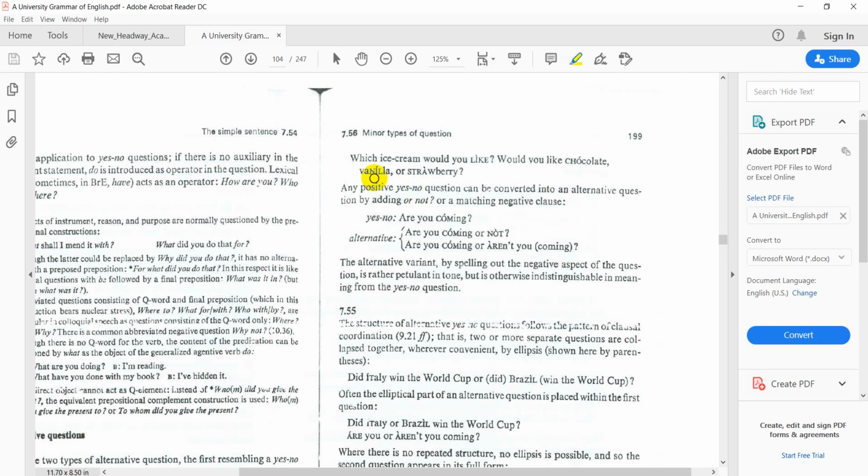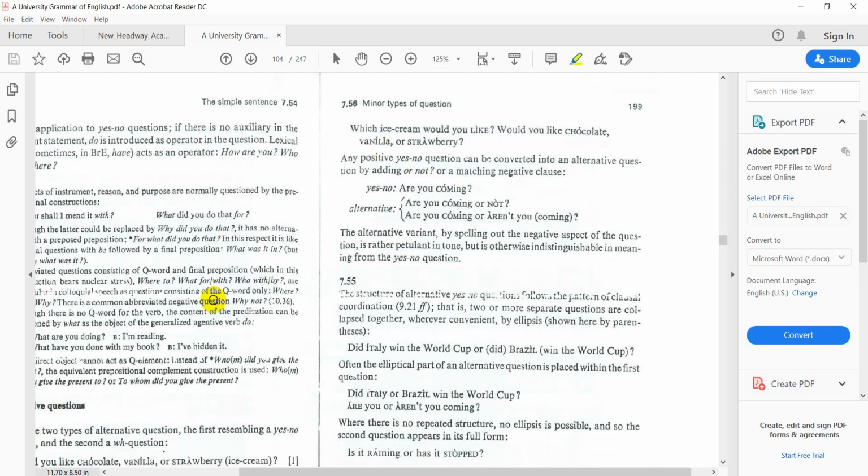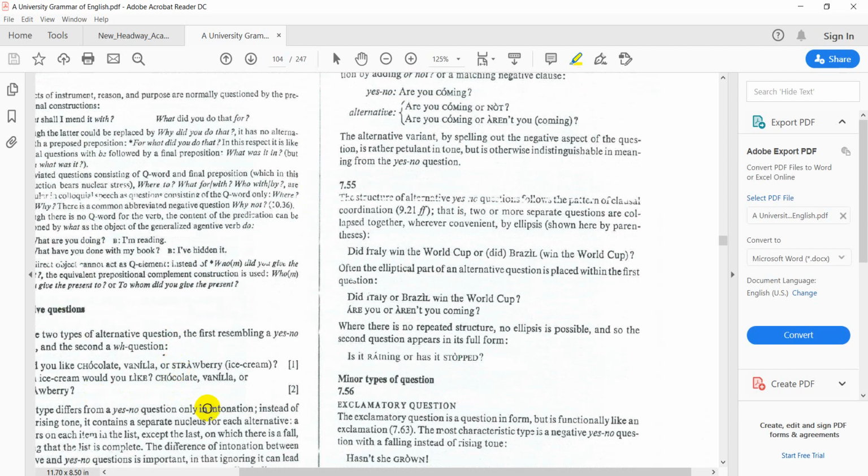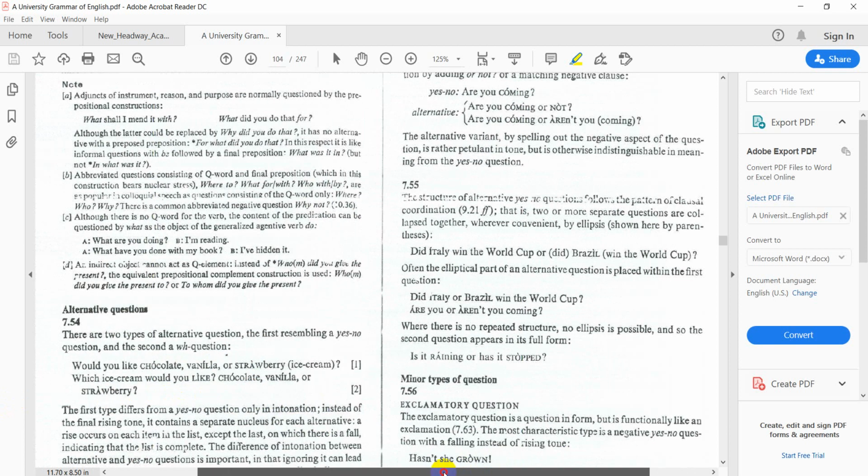If I ask by which, as I did here, just have a look. When I ask by WH element, first I ask about the ice cream, and then I have a question mark. Then I start to give alternatives.